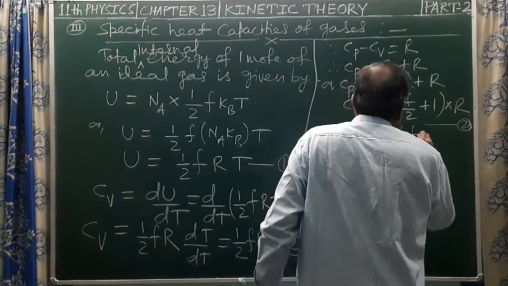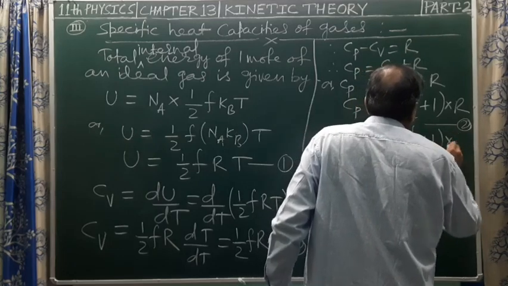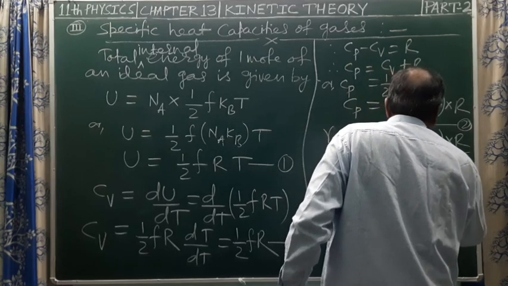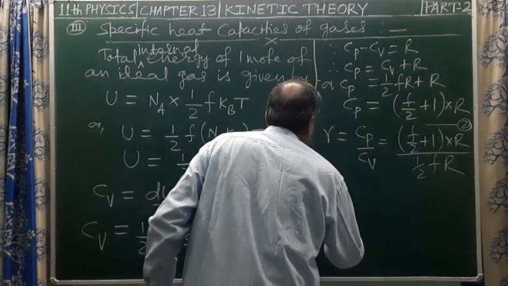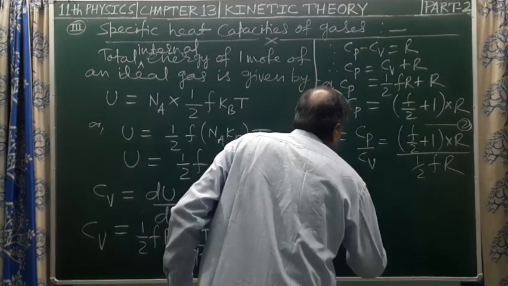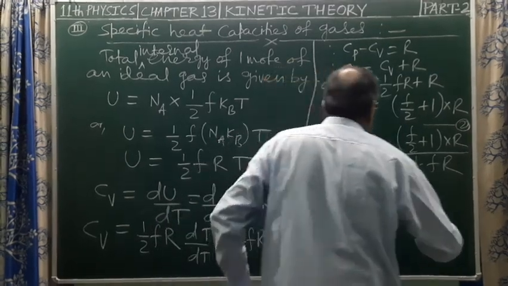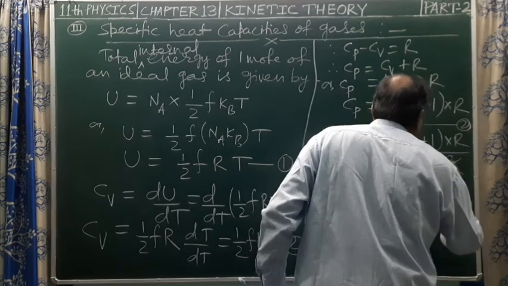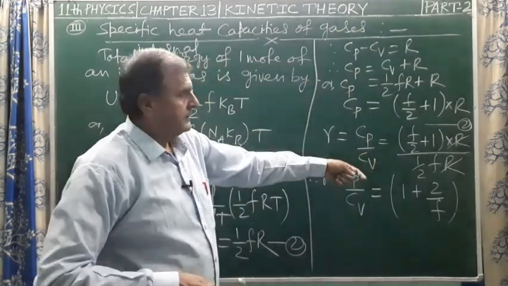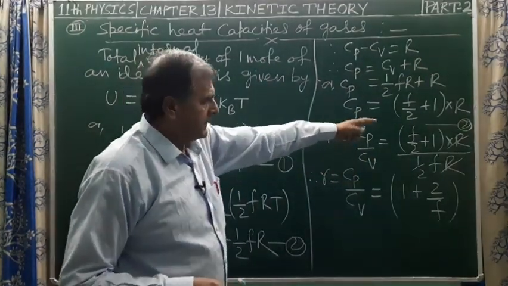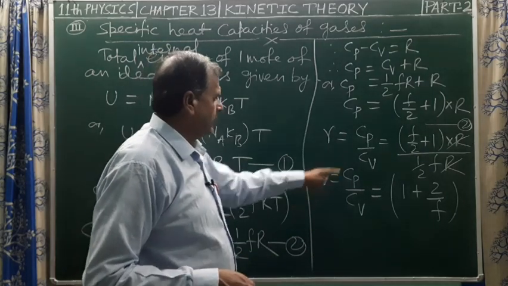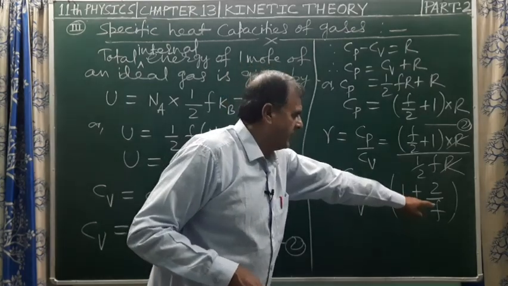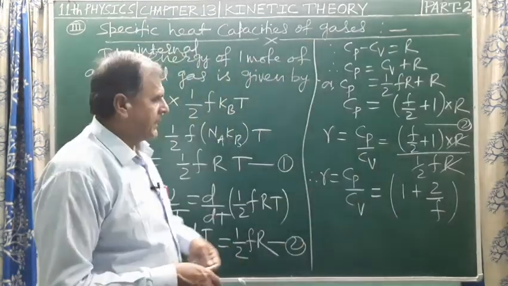Cp is (f upon 2 plus 1) multiplied by capital R, and Cv is 1 by 2 f into R. R and R cancel out in the numerator and denominator, and we obtain gamma equals Cp by Cv equals 1 plus 2 upon f, where f is the total degree of freedom.